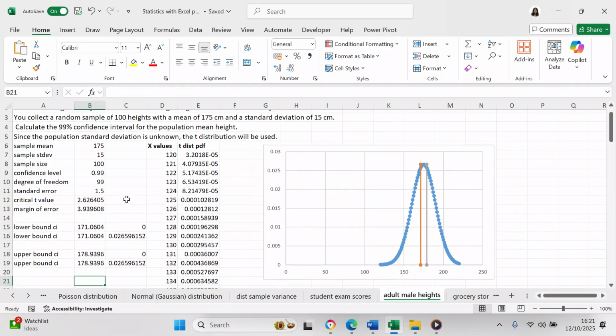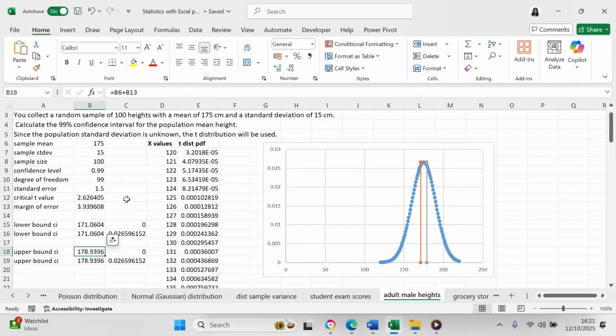So margin of error. The lower bound is 171 and the upper bound is 178. So for your upper bound, it's B6 plus B13. So that's sample mean 175 plus B13, which is your margin of error.